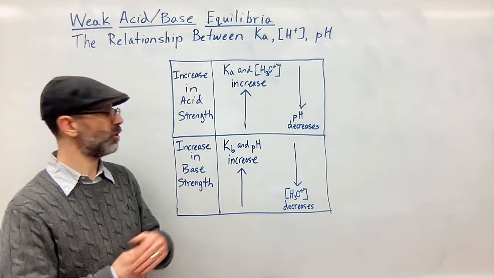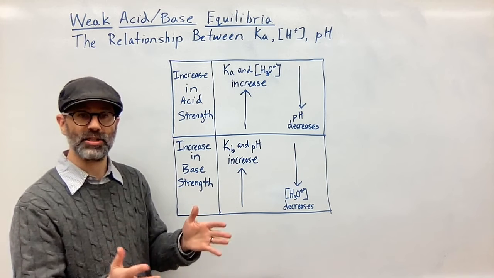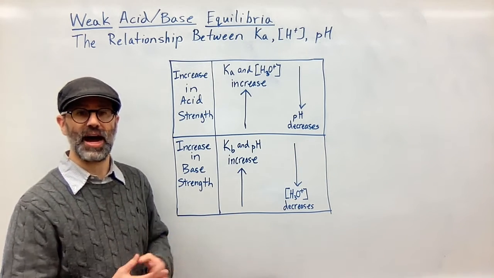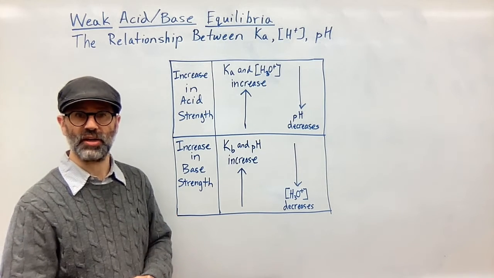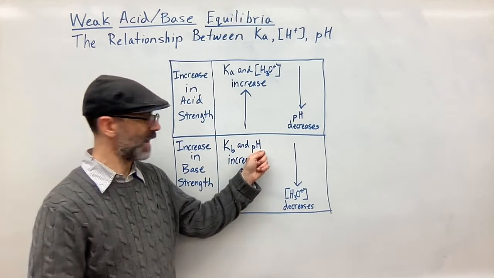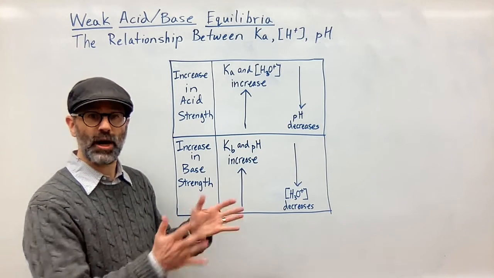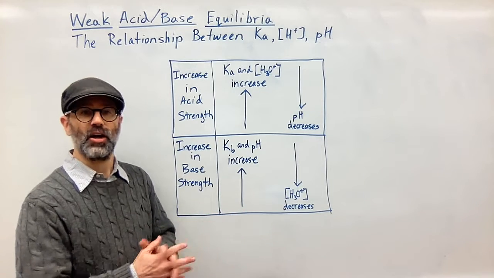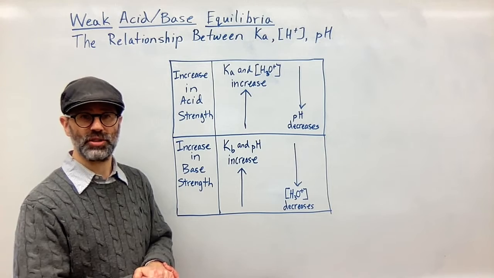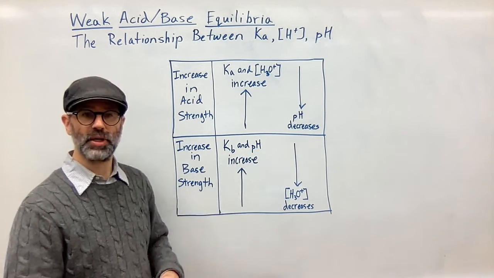That would make Kb larger because you're going to have more ions versus the base in its non-dissociated form. So Kb is going to be larger, and then the pH is going to be larger too, because more OH minus ions are going to be produced, and so that's going to lead to a higher pH.